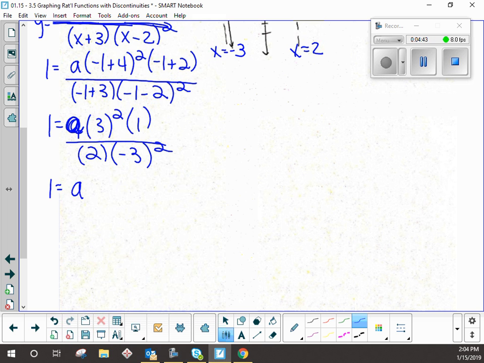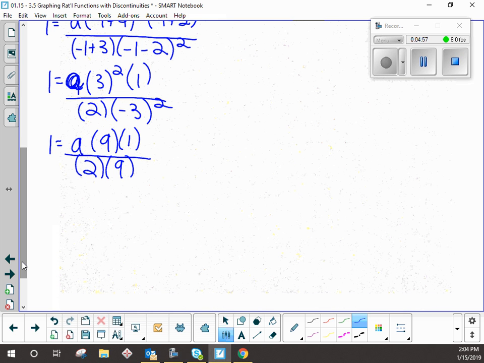So 3 squared is 9 times that 1 over, what's -3 squared? +9, right? Not -9. So it's +9. I like to cancel the 9 out here. You certainly don't have to. You could just multiply across the top and the bottom and figure it out later, but I like to cancel it out now. And that would give me 1 equals a times 1, which is a, over 2.